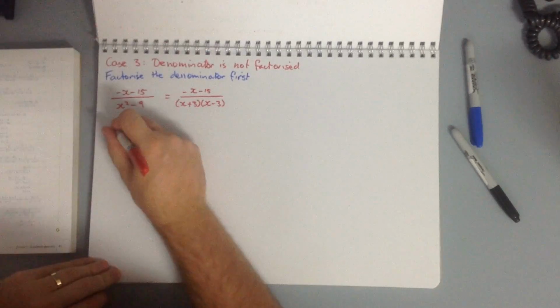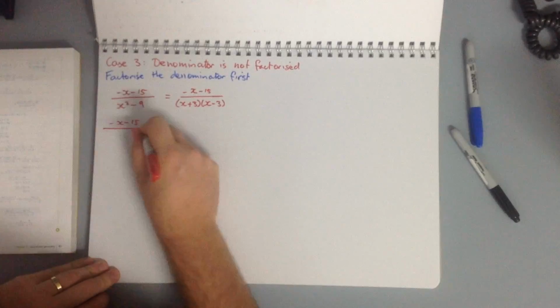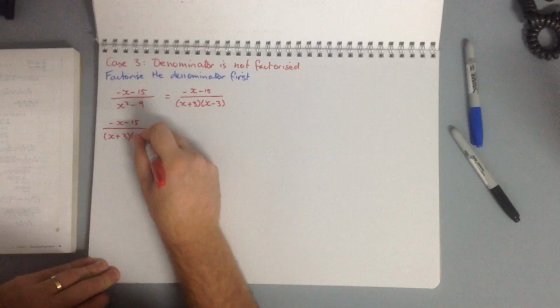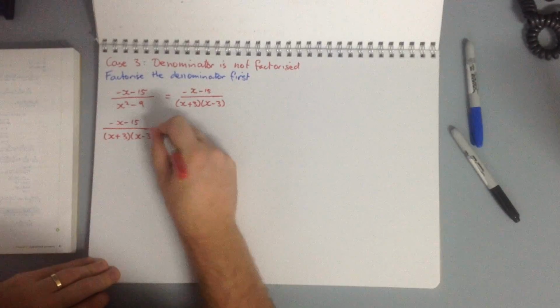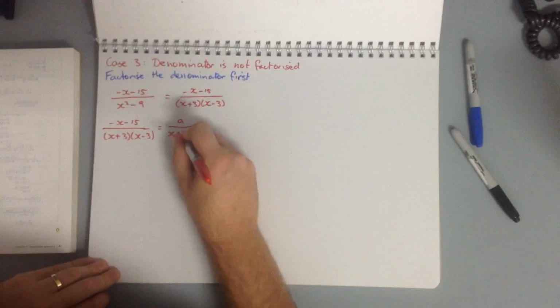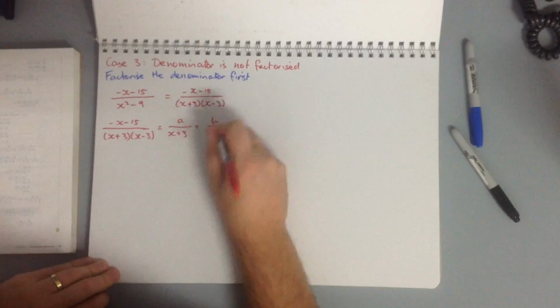Now we can start setting things up. So our negative x take 15 over (x plus 3)(x take 3) is equal to a over (x plus 3) plus b over (x minus 3).